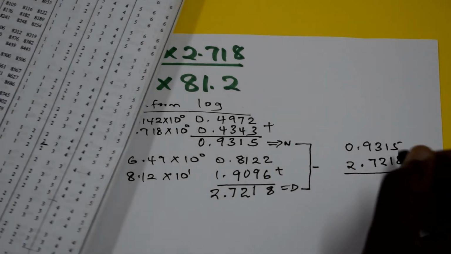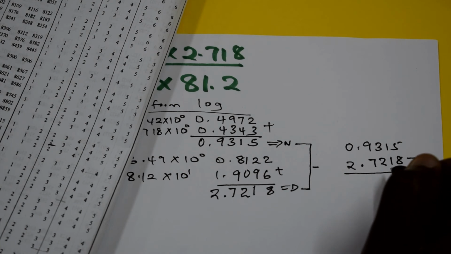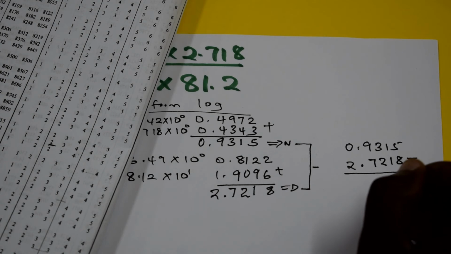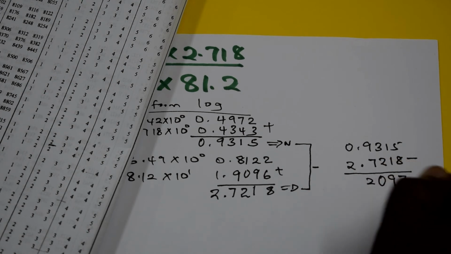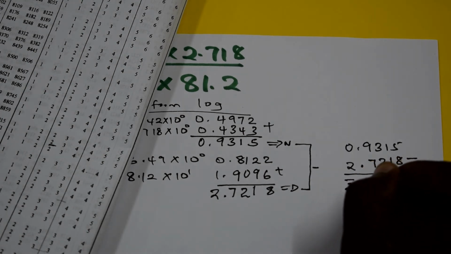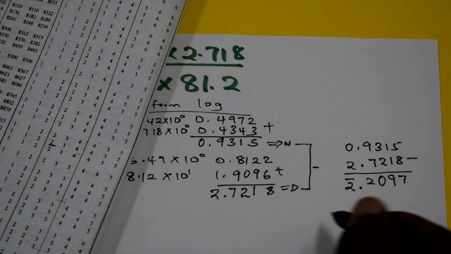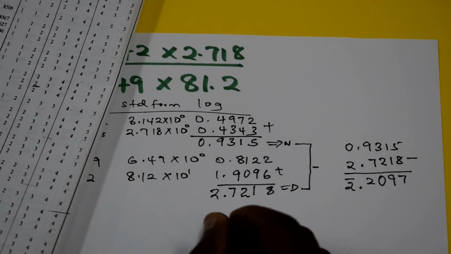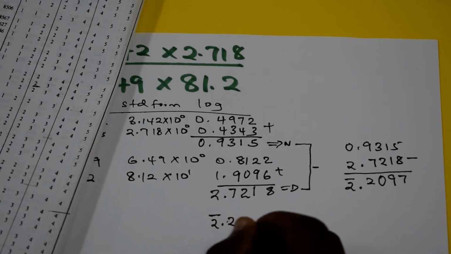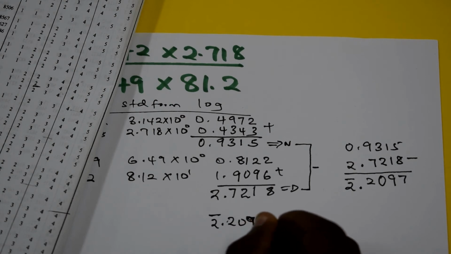When we subtract, we get bar 2 point 2097. So we use this and do the antilogarithm of 2.2097.